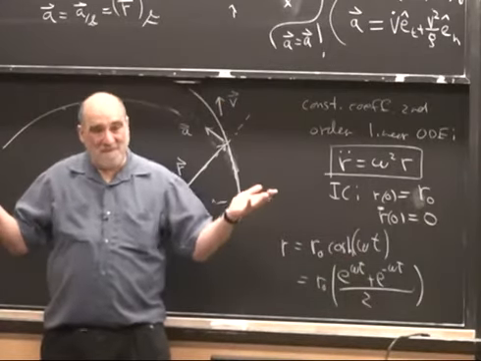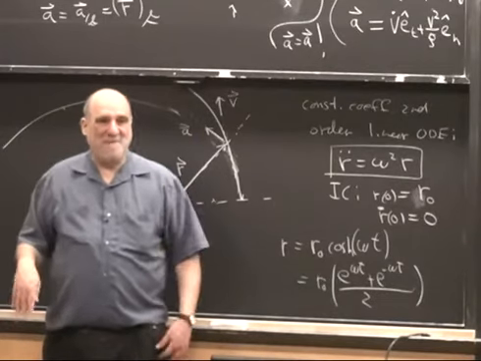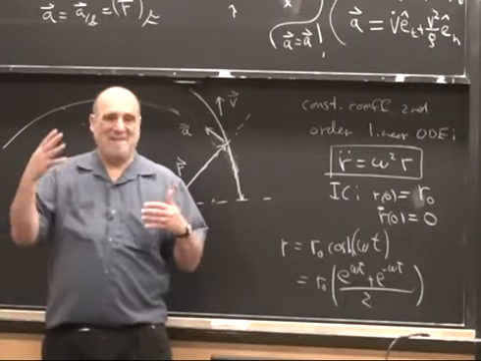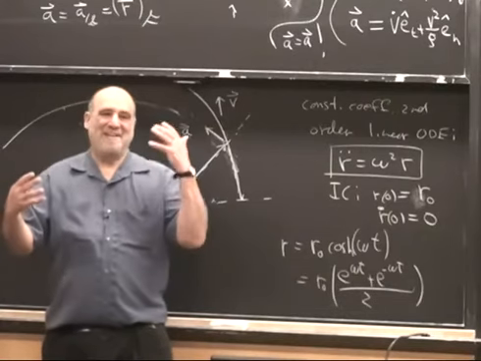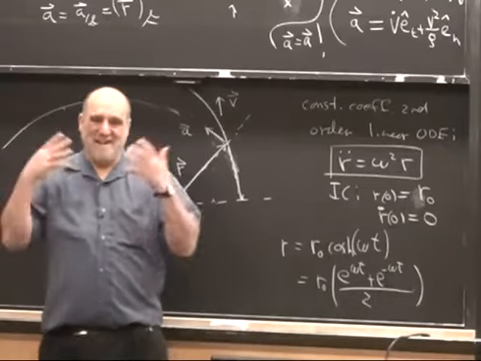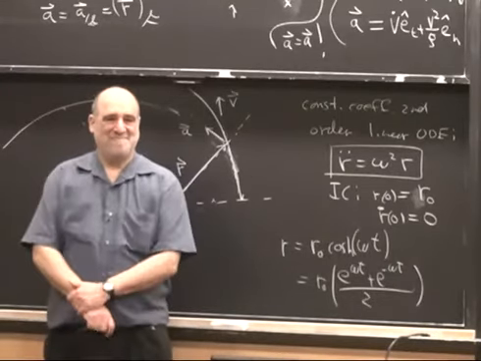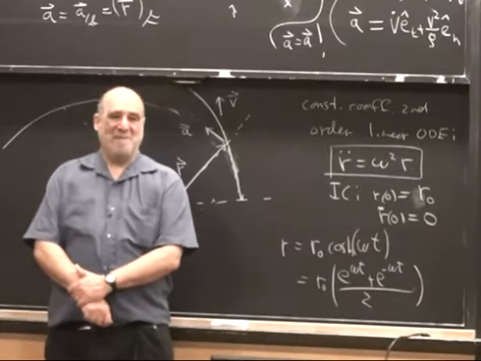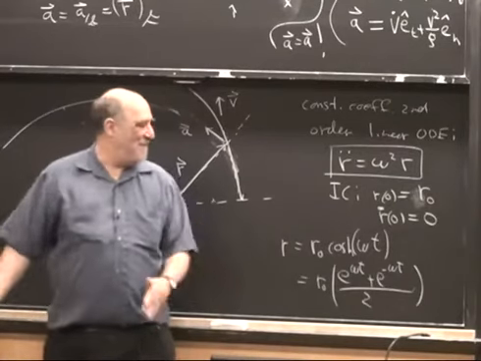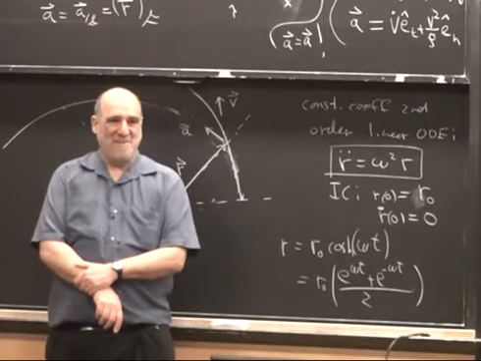We take the derivative and set that equal to 0, and that tells us something about the difference between the two. And we find out that the coefficients of e to the omega t and e to the minus omega t have to be the same, and each of them has to be half of r0. And then we remember that that combination of terms is called hyperbolic cosine. That's how we do it. And we've done that so many times that we just write it down. That's how. Does that address your question?